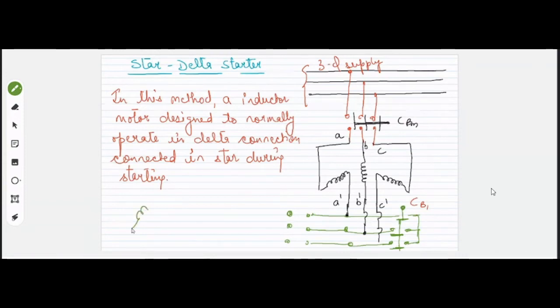In the delta connection, if this is A, this is A dash, then this A dash is connected to the B end of the second coil, whereas this B dash end of the second coil is connected to the C end of the third coil. Similarly, C dash is connected to A, and we feed or take the supplies from these interconnected points, right?